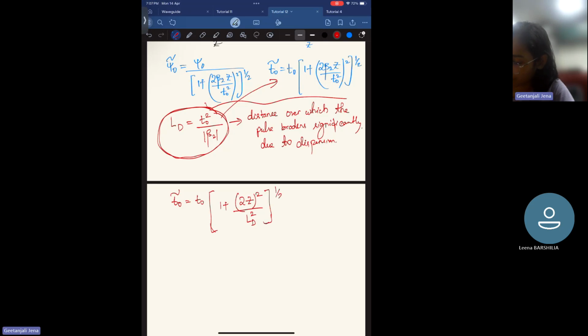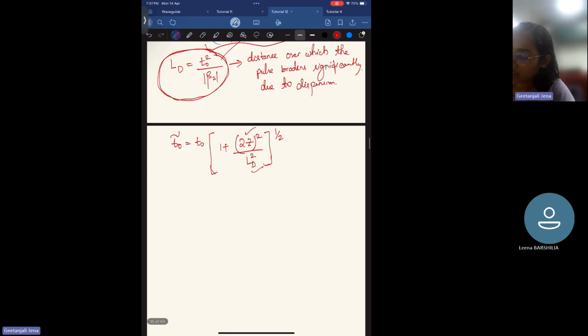So if you are given the fiber length and the dispersion length, then you can find the value of the final pulse width. Okay, so this is the final pulse width and T0 is the initial pulse width.